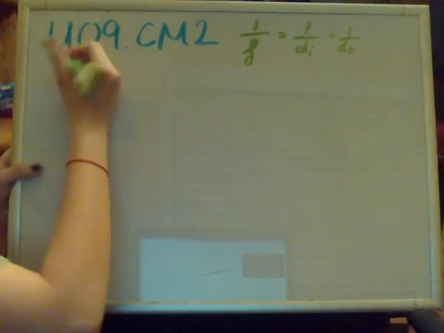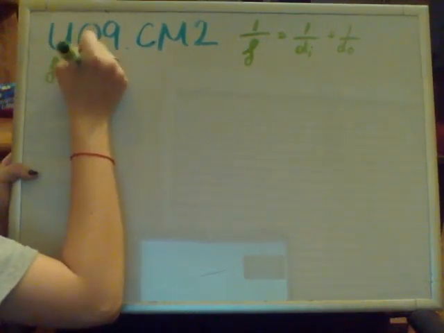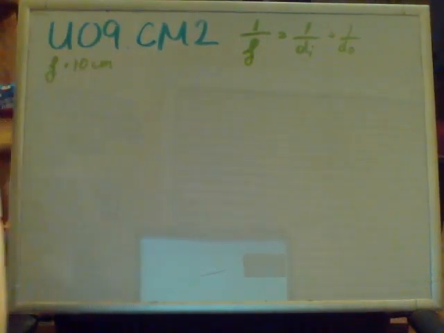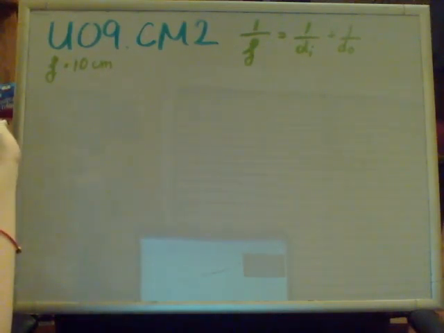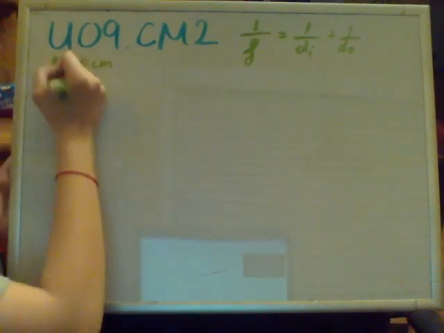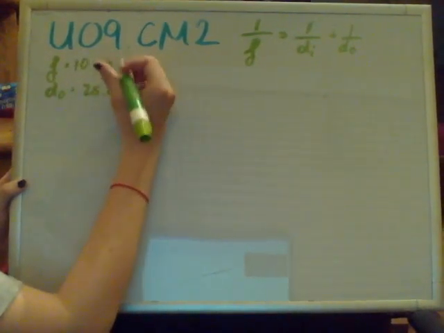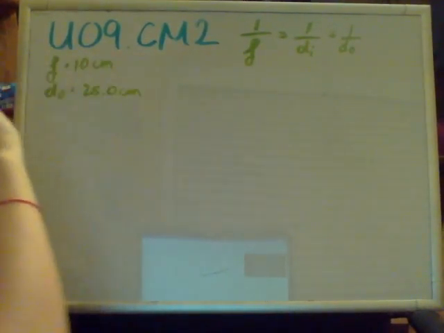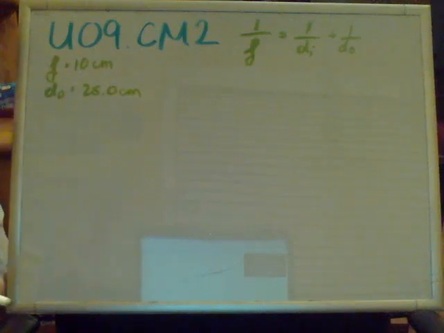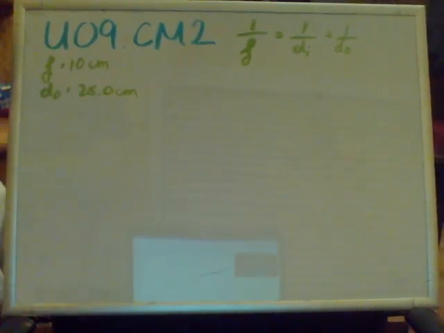So f equals 10 centimeters. It says, locate the image and find the magnification of an object at a distance of 25.0 centimeters in front of the mirror. So the distance of the object equals 25.0 centimeters, and we want to find the magnification and the distance of its image.